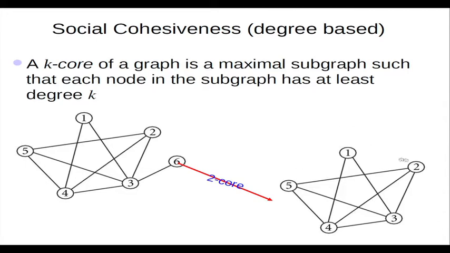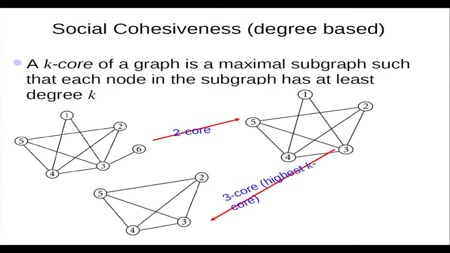You see this particular graph, every node has at least degree 2. Node number 2 has degree 3, node number 3 has 1, 2, 3, 4 degree 4, node number 1 has degree 2, node number 4 has 1, 2, 3, 4 degree, node number 5 has degree 3. So, everybody has node degree greater than or equal to 2. That is why this particular subgraph qualifies as a 2 core for the original graph.